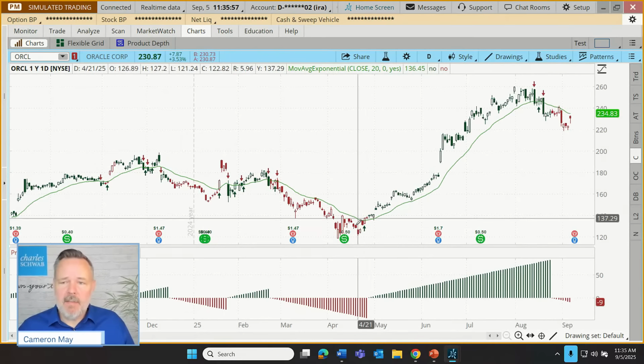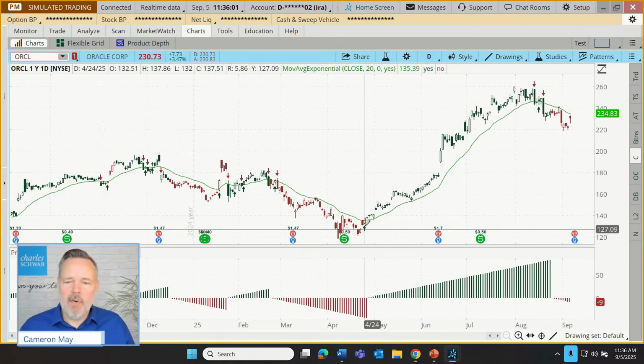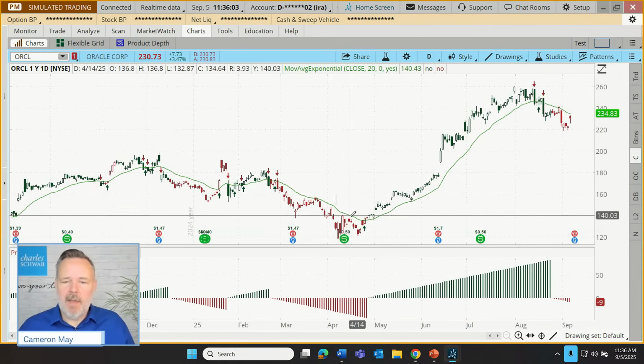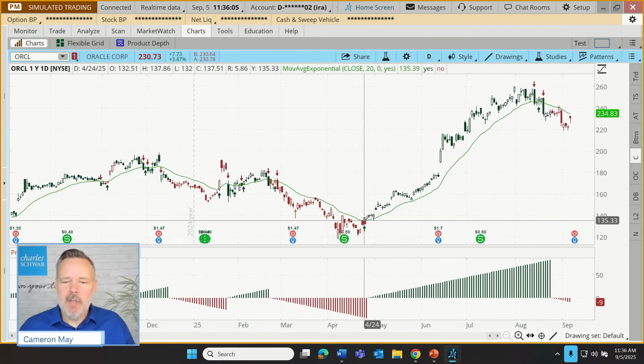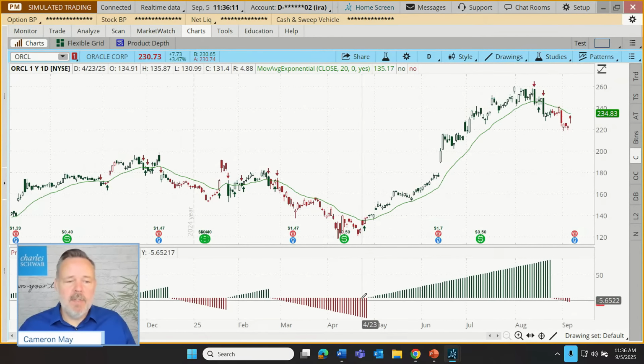I want to look at this recent entry signal back here in April. We got a cross of price above our 20-period exponential moving average. For some traders, that might be an entry, but for traders using the price time filtering bar count tool, the trend was in conflict with that entry.